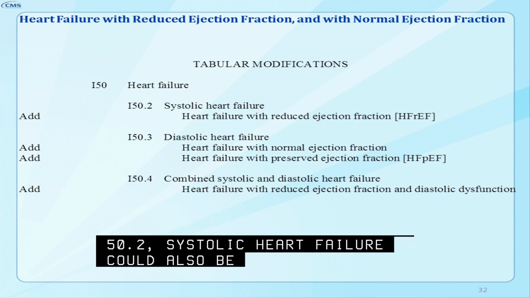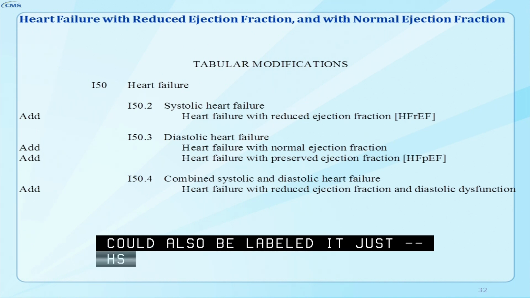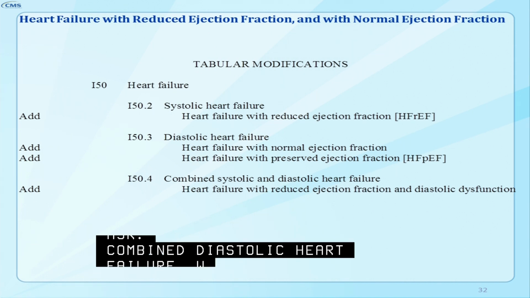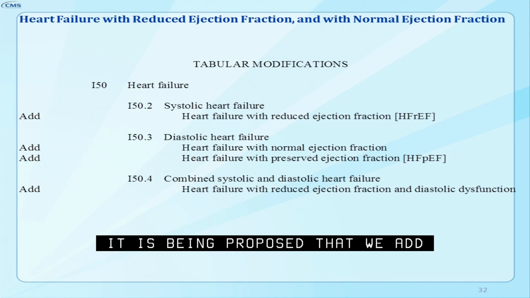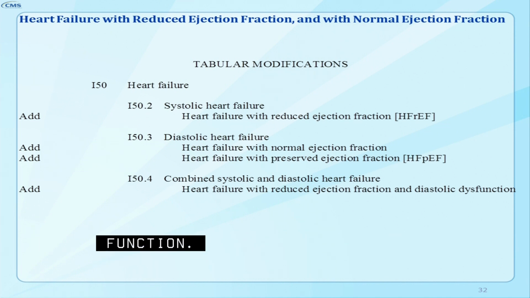And finally, at I50.4, combined systolic and diastolic heart failure, since we also have that, it's being proposed that we add the inclusion term heart failure with reduced ejection fraction and diastolic dysfunction. For completeness and consistency, that seems a reasonable approach to add also from my standpoint.